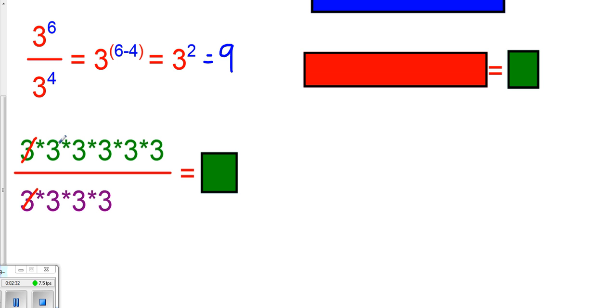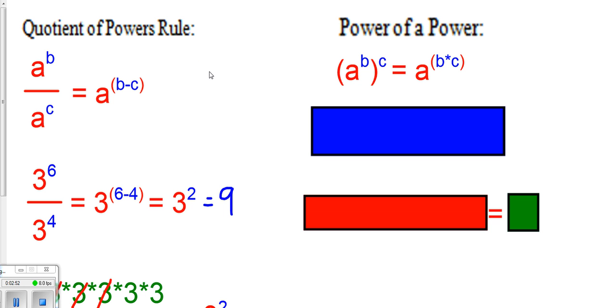So 3 cancels with 3, 3 with 3, 3 and 3, 3 and 3. What's left over is 3 times 3 over 1, which is 3 squared, or just 9. So that was the quotient of powers rule.